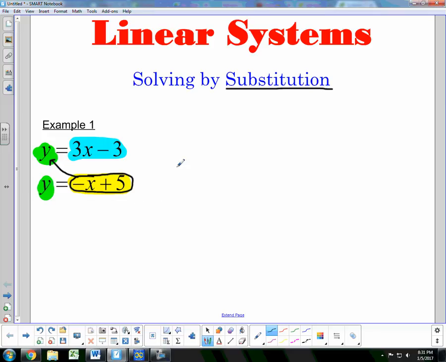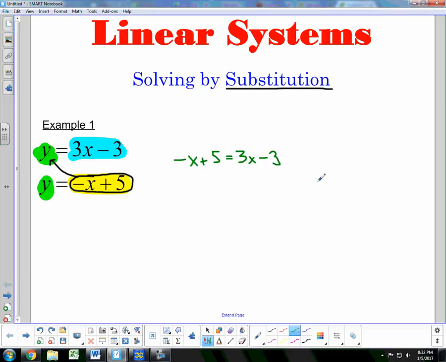So substitution, you can think of it as like a sports team, one person goes in for the other. This is one thing going in for another thing because they're equal. All right, so let's see what that would look like. So now I'm going to rewrite this, but now negative x plus 5 is equal to, and that is going in for this y, and the 3x minus 3 on the other side.